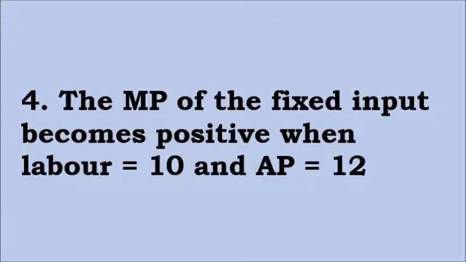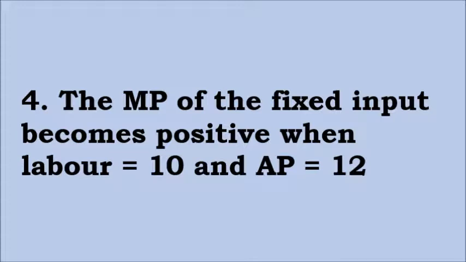The MP of the fixed input becomes positive when output, or total product, is highest or maximized, and for that matter, there is constant returns. This is the stage where the variable inputs and the fixed inputs are combined in the most efficient or economic proportions.